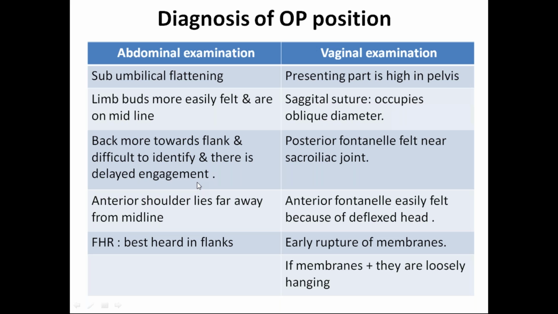And then the vertex presentation it is, but there is a delay in engagement because the engaging diameter, instead of the suboccipito-bregmatic diameter, which is the usual diameter in the vertex anterior positions, here, because of deflection, the head is not well flexed. So you have either suboccipito-frontal or occipito-frontal, 10.5, 11.5.